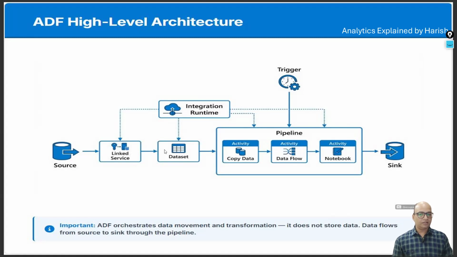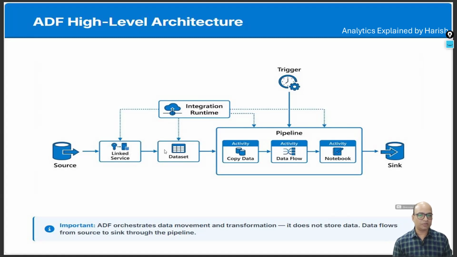Then, once you have the address of the data, the data set says, okay, we have the address of the data. Now at that address, what data does it have to read or grab from there? That is called the data set. So data set has the information about the data.